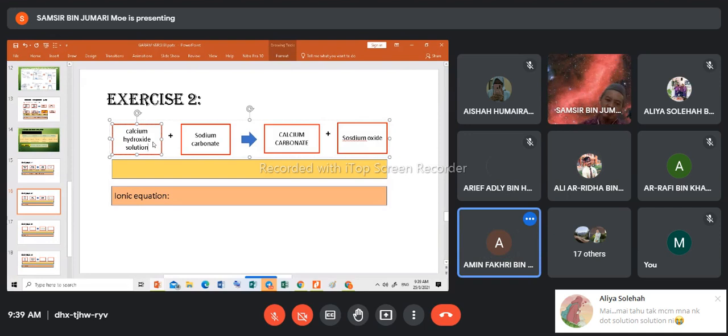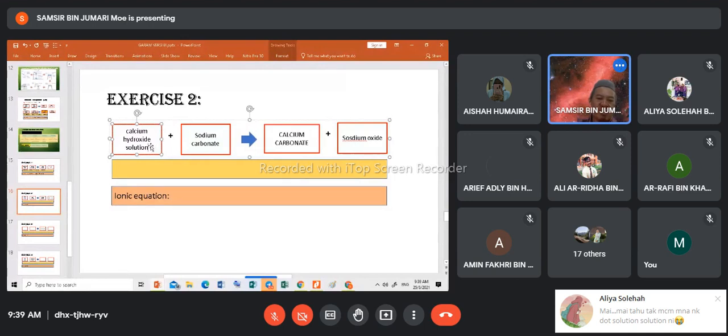Soluble. Yes, calcium hydroxide is lime water. We use it to verify the presence of carbon dioxide gas in our lab. So calcium hydroxide solution is soluble. We can get it in aqueous state, right? Okay, you can use calcium hydroxide.